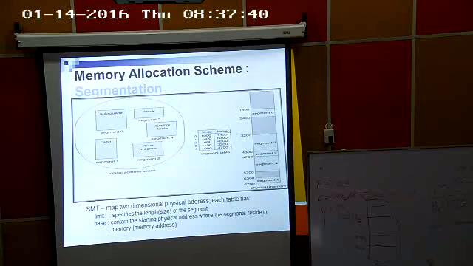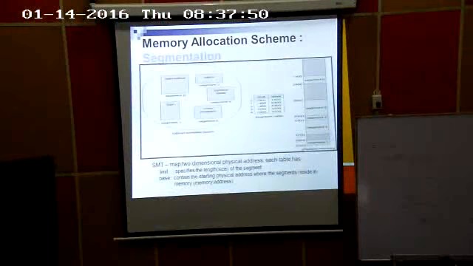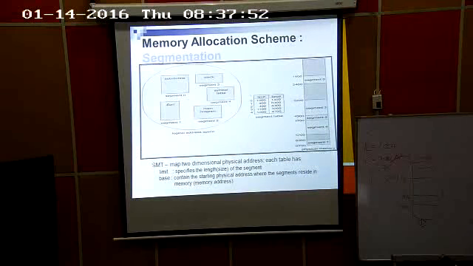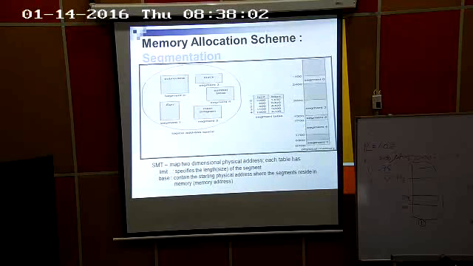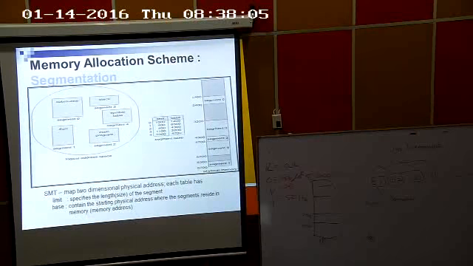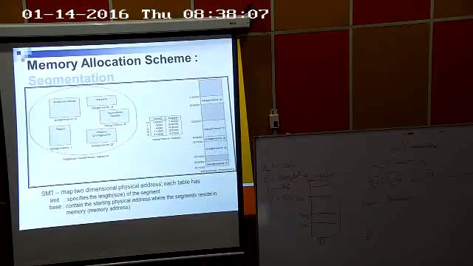Okay, another example. Segment 0, 1, 2, 3, 4. You have the limit and the base. The limit for segment 0 is 1000, with the base at 1400. Base refers to the address in memory.